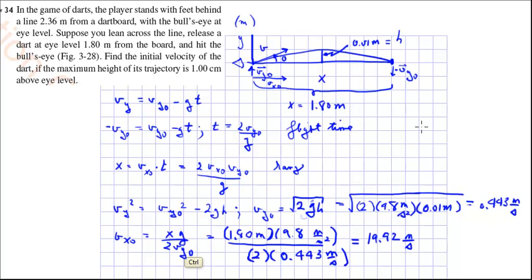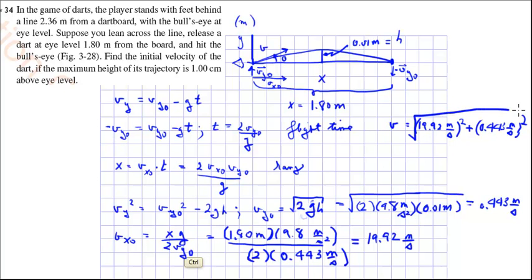Alright, so I know Vx naught and I know Vy naught, so I can figure out what V is with the Pythagorean theorem. V is equal to the square root of Vx naught, 19.92 meters per second, squared, plus Vy naught, 0.443 meters per second, squared.